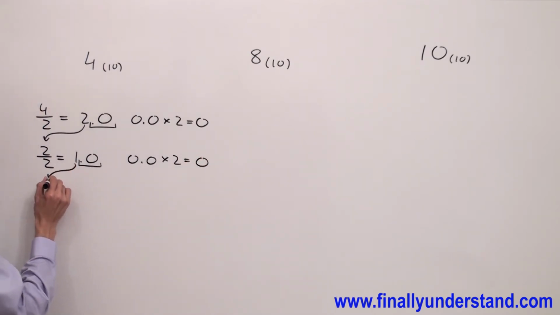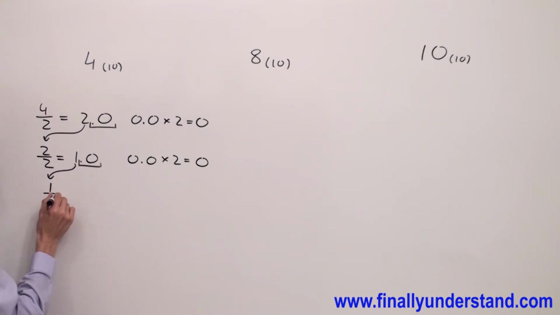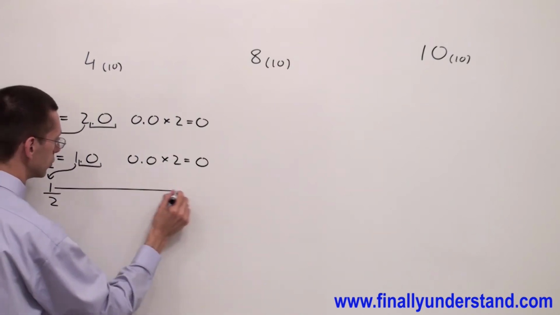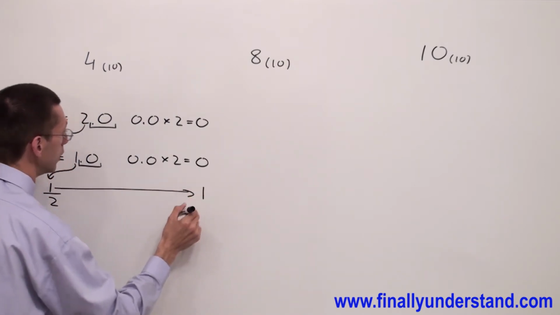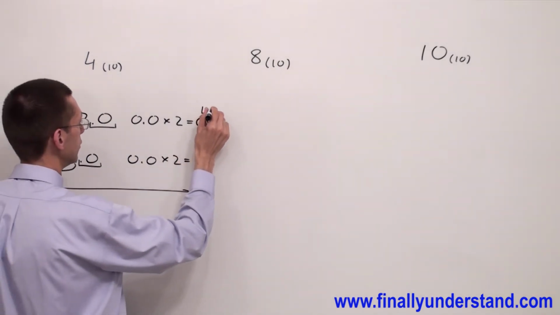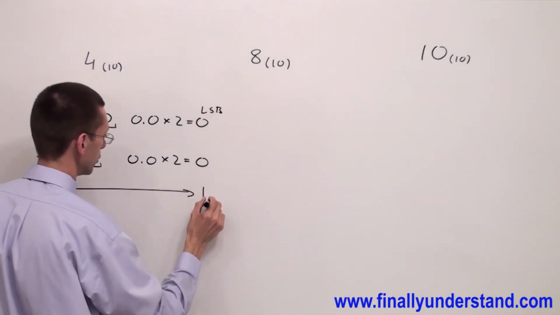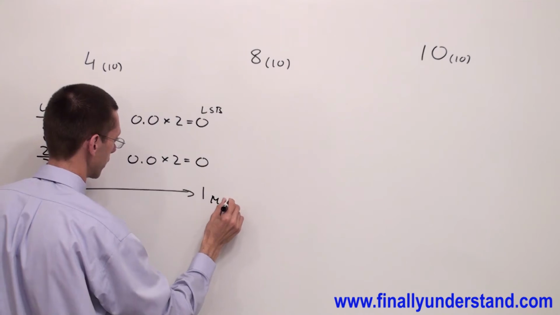Next, copy the whole part, 1 over 2 again. Anytime the numerator is less than the denominator, you simply copy that numerator to the side. This is your least significant bit, and this is going to be your most significant bit.